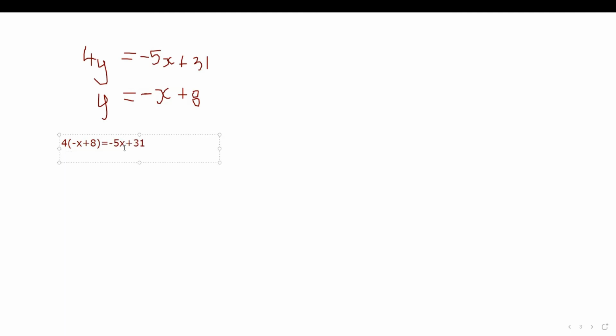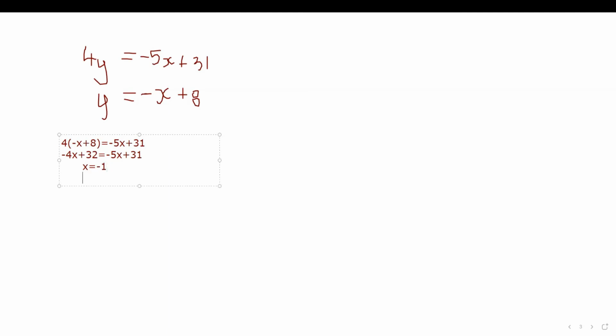We can expand and simplify to say minus 4x plus 32 is equal to minus 5x plus 31. We bring the 5x over to get 5x minus 4x, which is x. Then we bring the 32 over to get 31 minus 32, which is negative 1. So x equals negative 1.